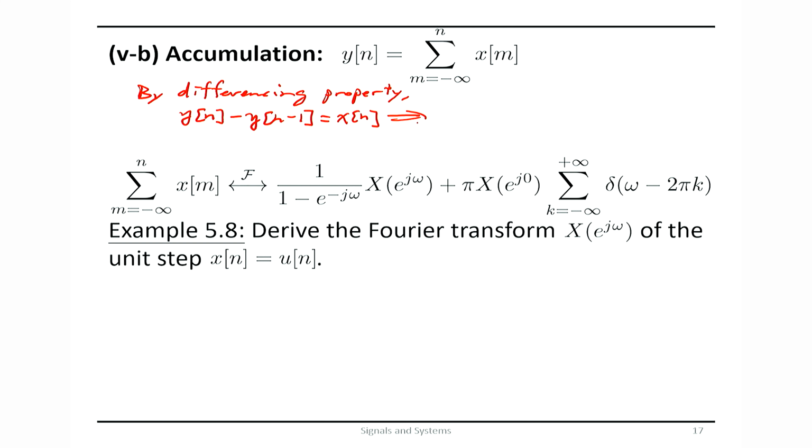But by the differencing property, we know that the Fourier transform of the left-hand side should be 1 minus e to the minus j omega times Y of e to the j omega. And on the right-hand side, this is just the Fourier transform of x.